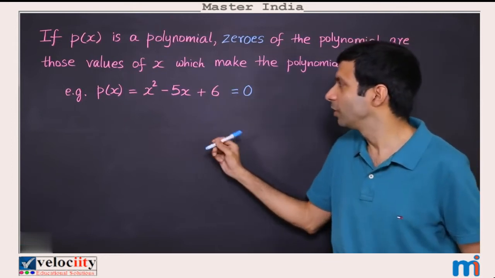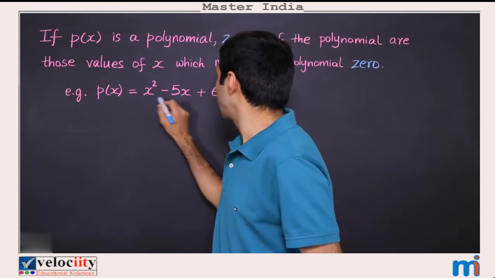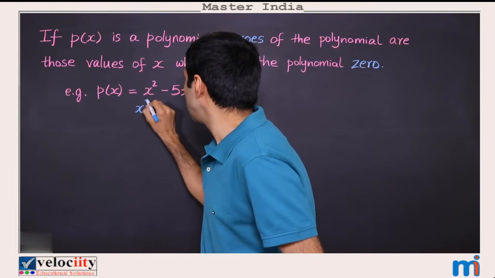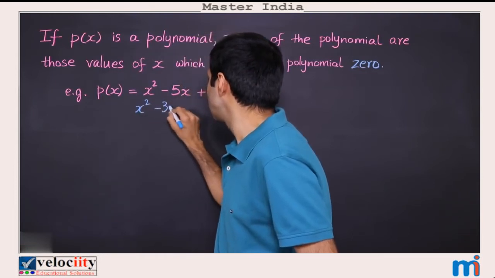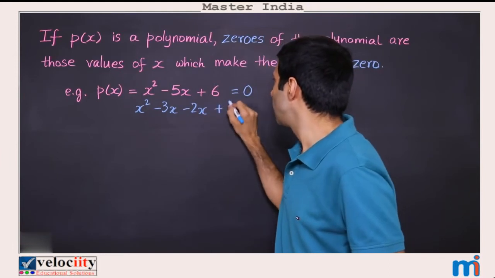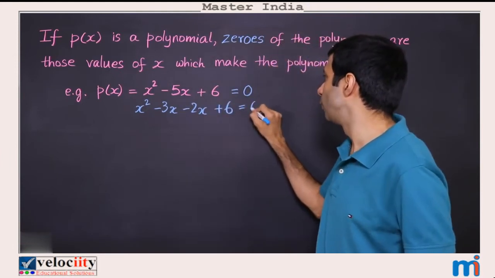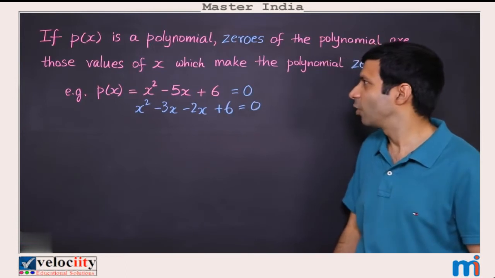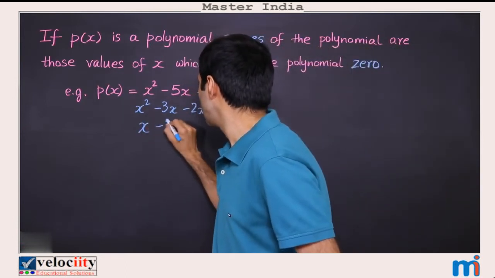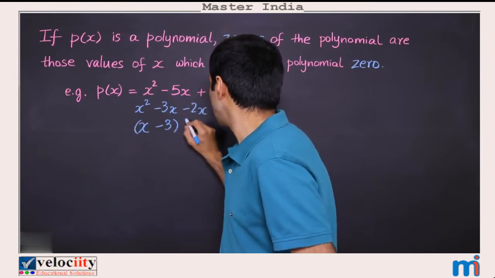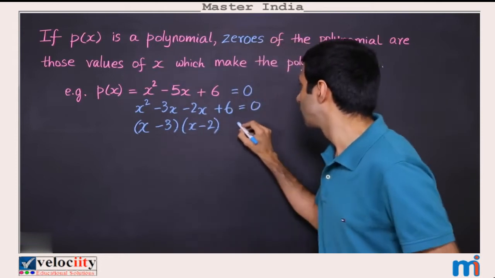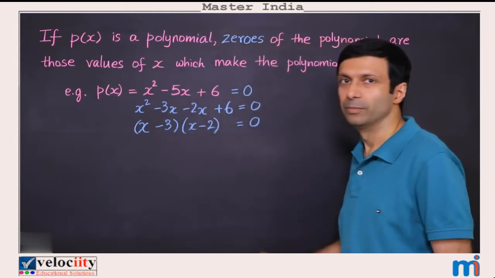Now to solve this equation, we can factorize the left hand side. So let's do middle term breaking. So this is going to be x² - 3x - 2x + 6 = 0, right? And now can you see the factors? So if you factorize this, you're going to get (x - 3) multiplied by (x - 2) equals 0.